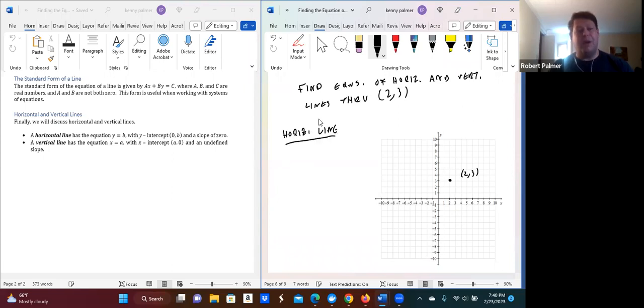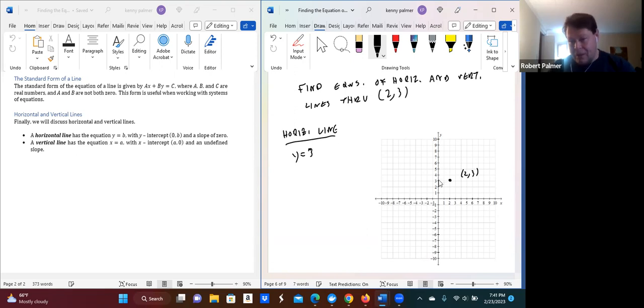Basically it has the equation y equals b. The thing about a horizontal line is that b is essentially what we call the y-intercept, or your y-coordinate. And what's true about a horizontal line is that y is always the same value. So this has the equation y equals 3.